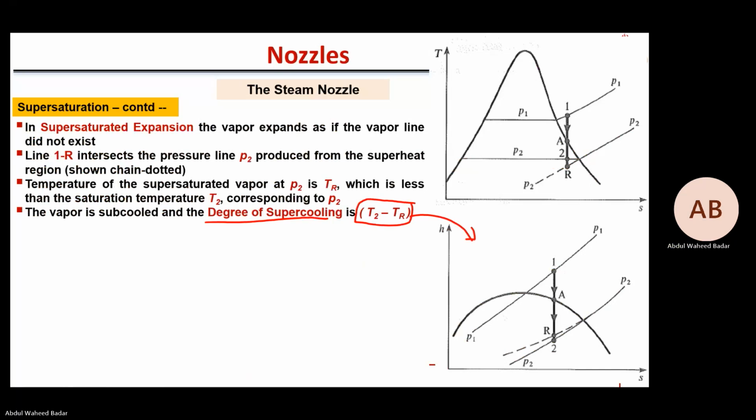Then I made a separate slide to explain this, which I will show next, only to explain this thing. Why is point R above point 2 on the HS chart, while on the TS chart point R is lower than point 2?